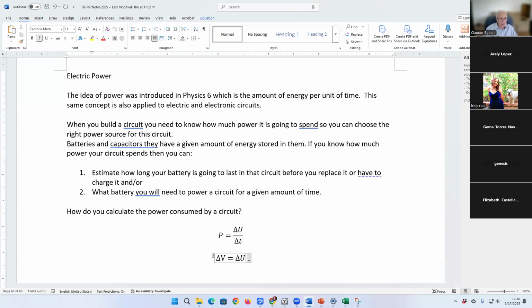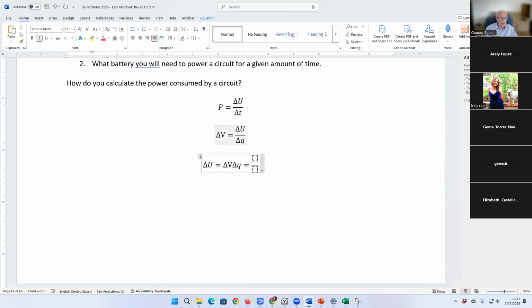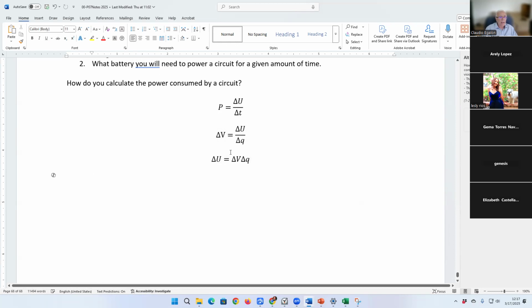Electric potential, delta V, is going to be delta U divided by delta Q. And this delta U can be written as delta V times delta Q. And now I can replace delta U in this equation, right in here.